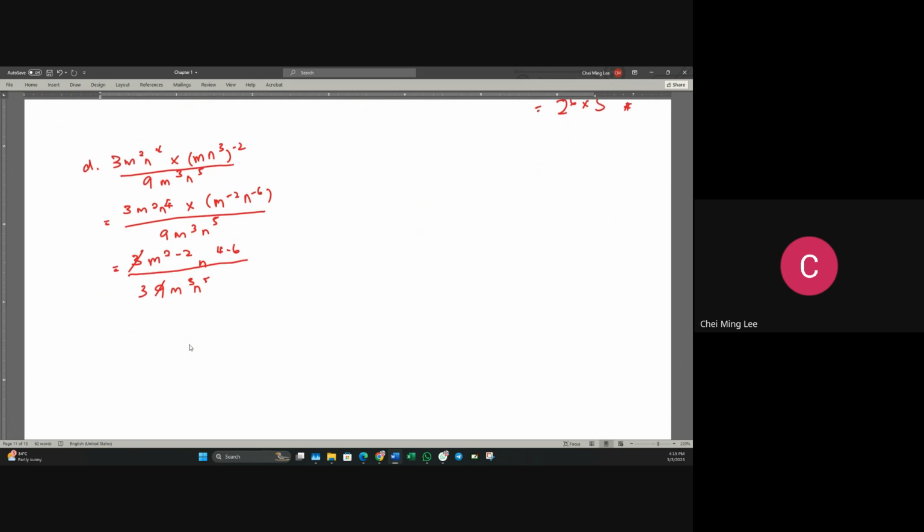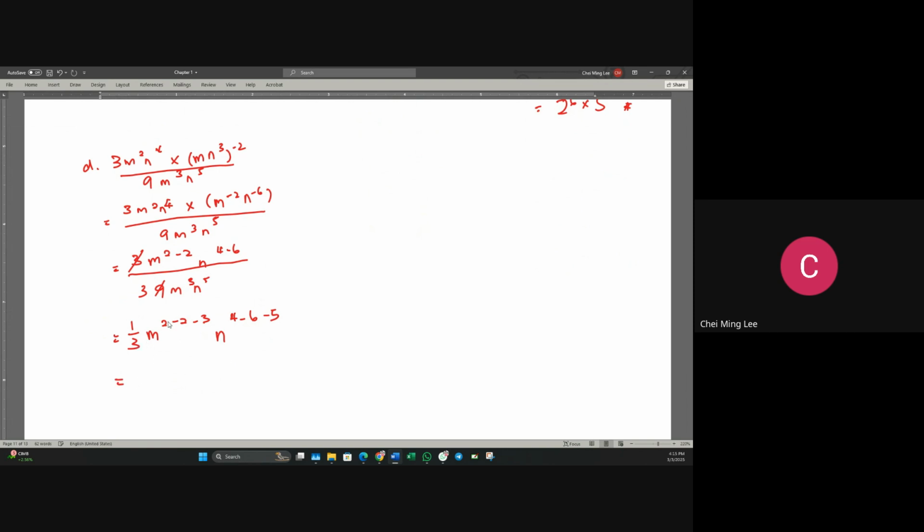So you can make it 1 over 3, m: 2 minus 2, 2 minus 2 divided is minus 3, while n will be 4 minus 6, then minus 5.